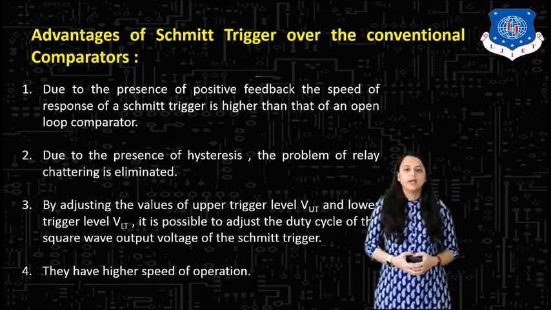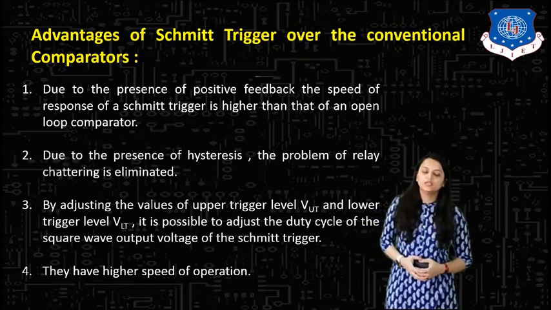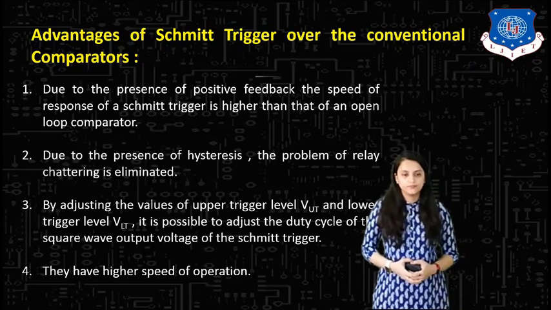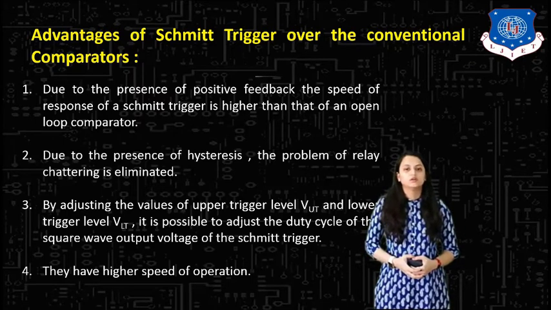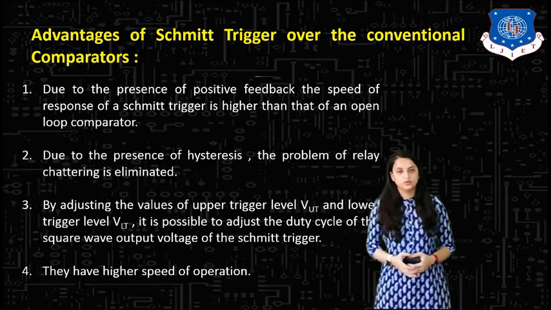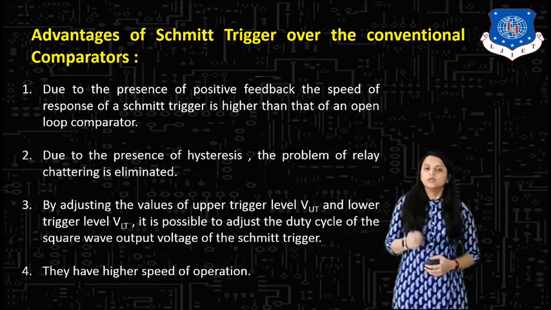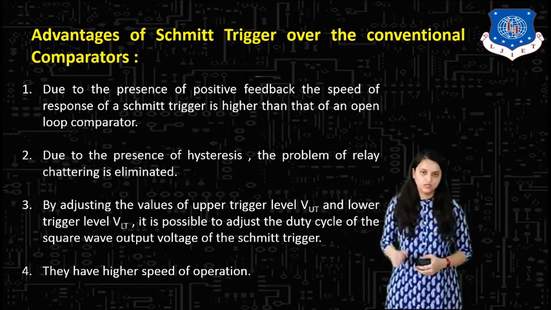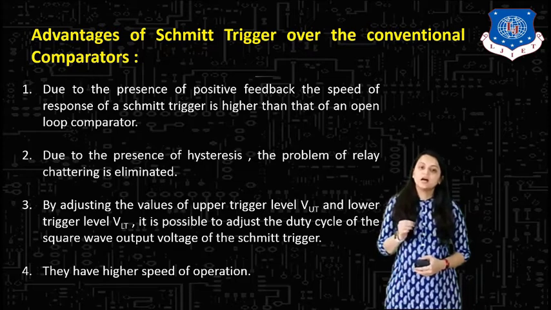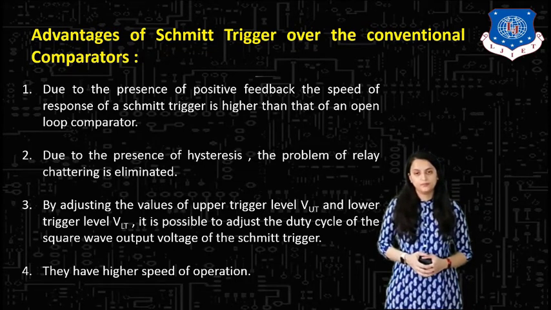Let us see the advantages of the Schmitt trigger over the conventional comparators. Due to the presence of positive feedback, the speed of response of a Schmitt trigger is higher than that of an open loop comparator.